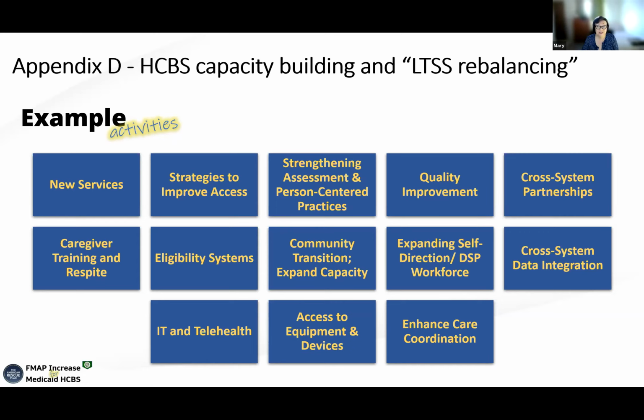The next box is an example of activities around developing partnerships across systems, strengthening provider networks, especially to address unmet needs in your system. And an example would be to have partnerships to develop housing or transportation options and that kind of thing.